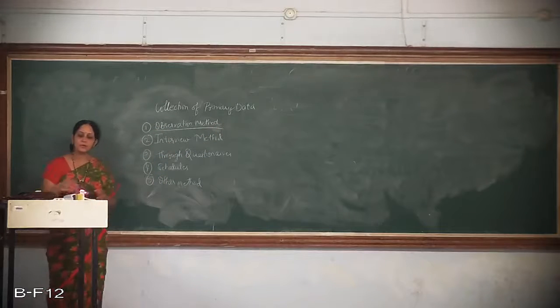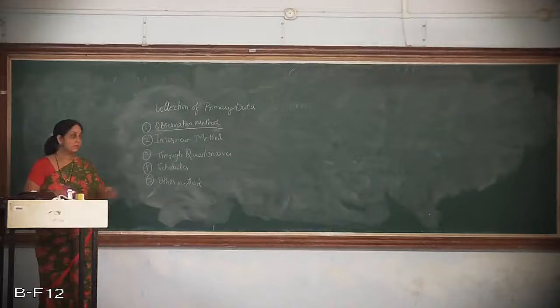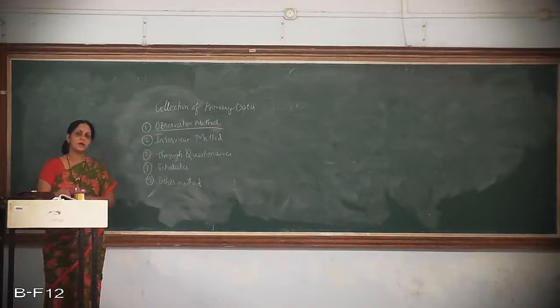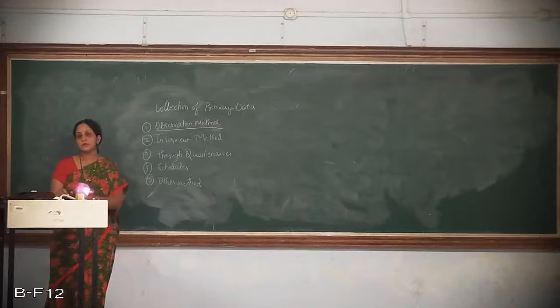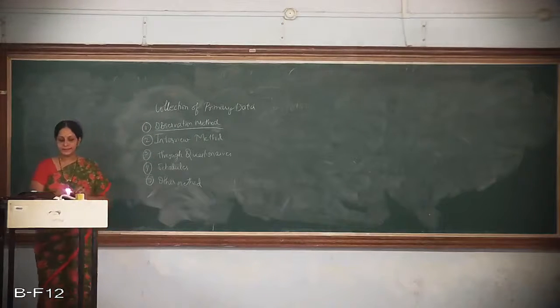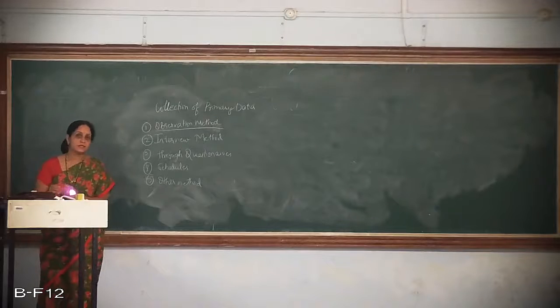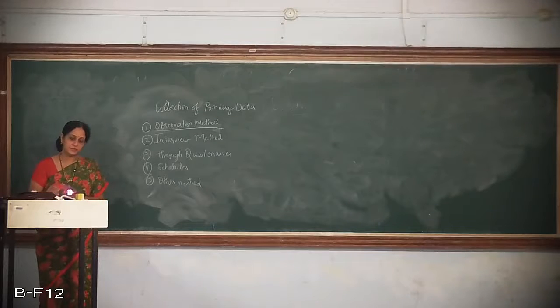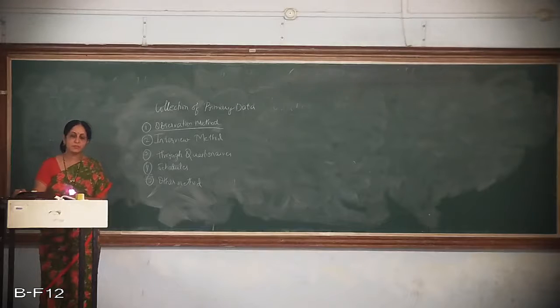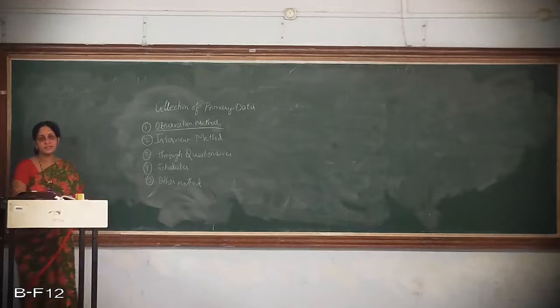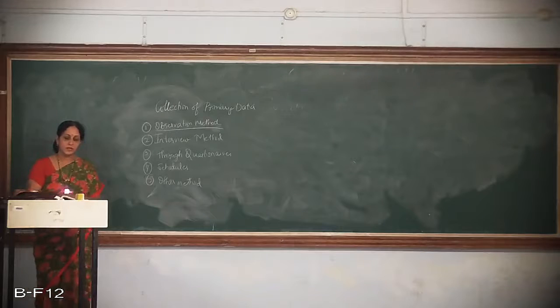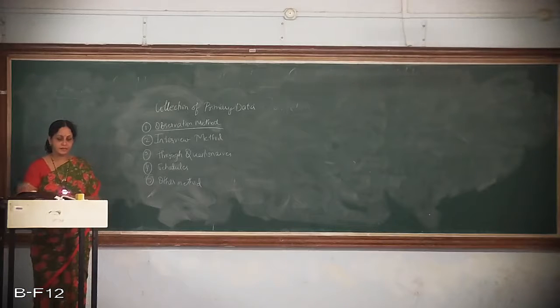When I talk about the observation method, we directly know the meaning of observation. But how do we apply it to collecting the data here? Observation can be of certain behavior, it can be of certain attitude, and it can be a sort of observation which may not be in a scientific manner, but it also becomes a scientific tool when we are judging or collecting the data.